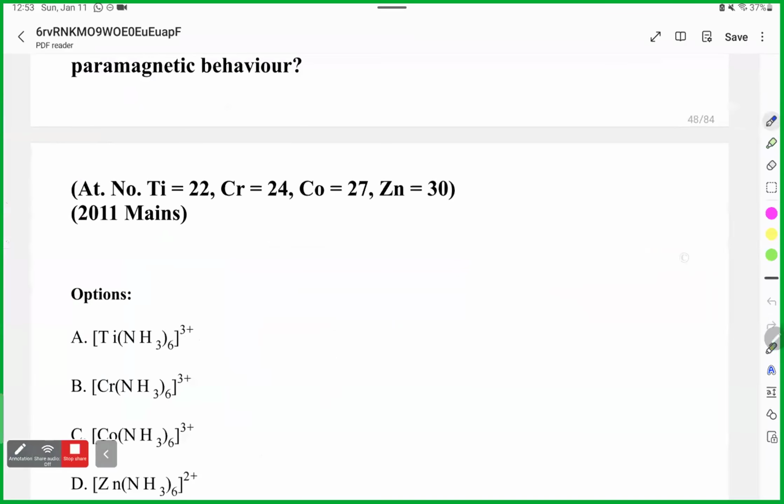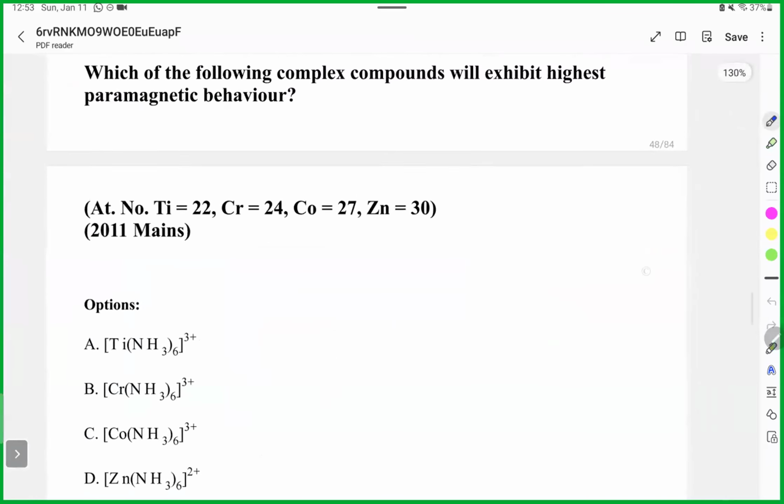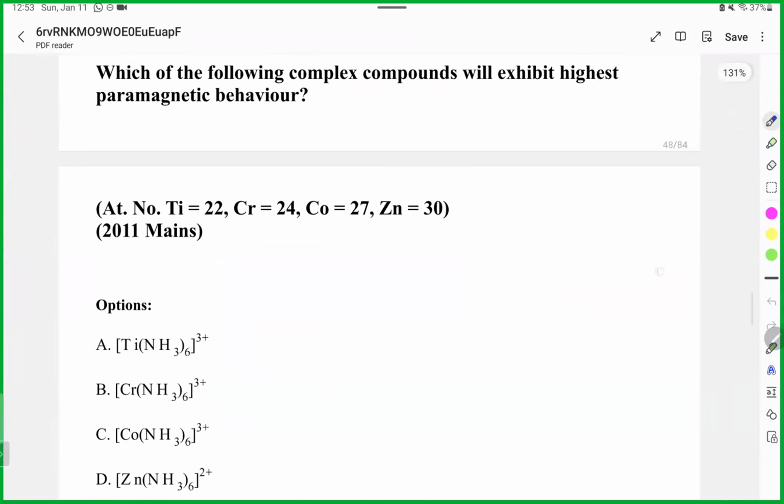So in this, you are checking where you have the maximum paramagnetic behavior. Just consider the same thing. Consider your first 3d orbital and then the second. In titanium the electronic configuration is 3d1, so only one electron. Chromium 3 positive configuration is 3d3.